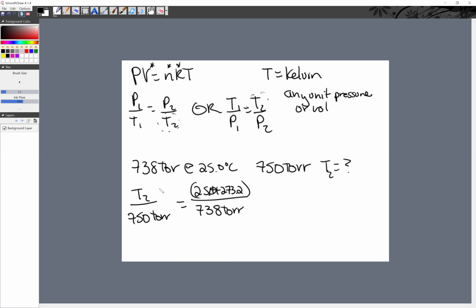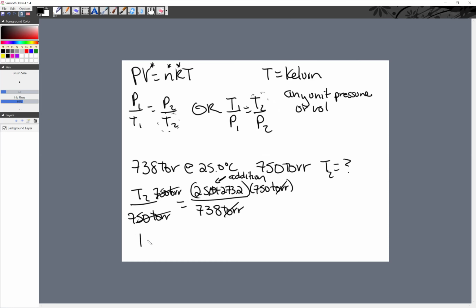To get rid of this torr, I'm going to multiply both sides by torr. And notice the torr goes away, and this torr goes away. So why do I spend the time to convert it out? You don't have to, not for the empirical laws, except temperature, because there is still an addition as part of that equation for temperature.